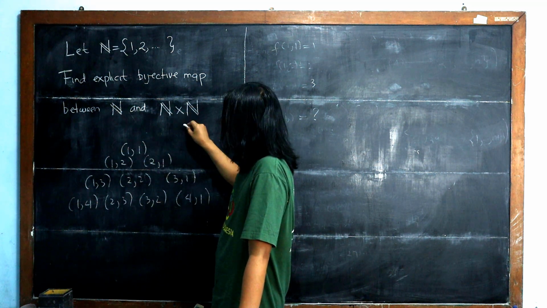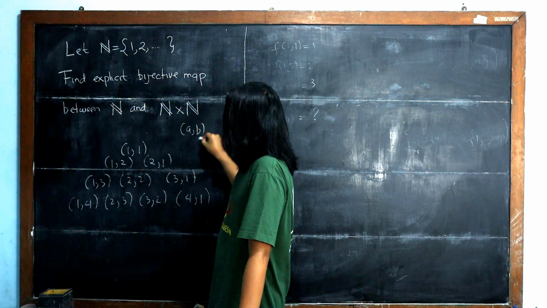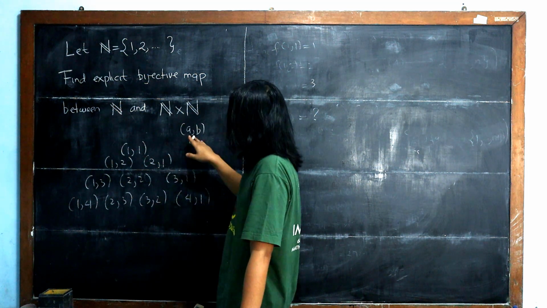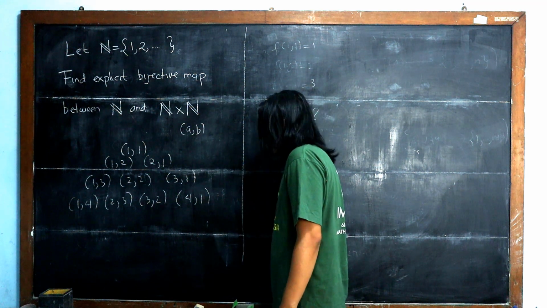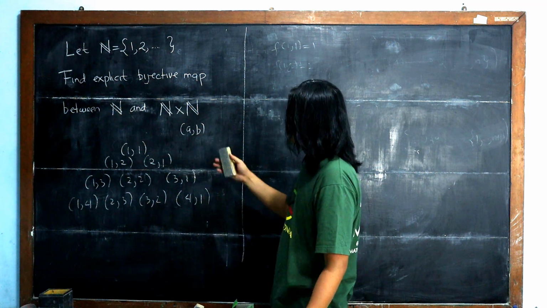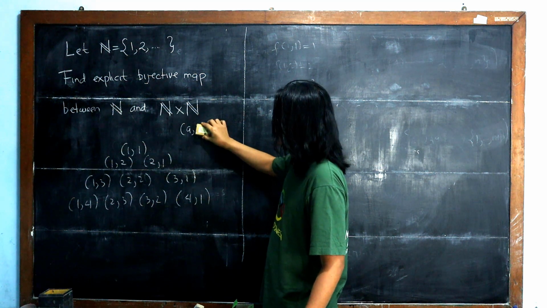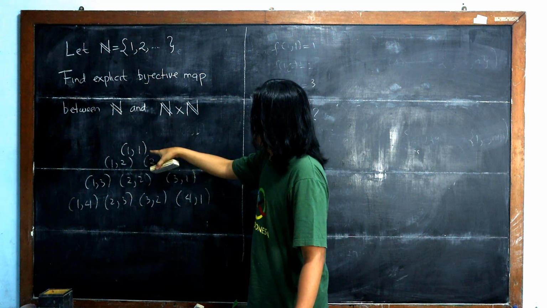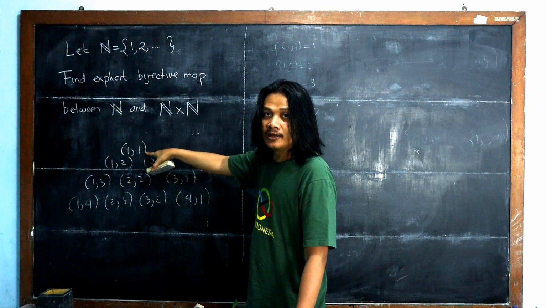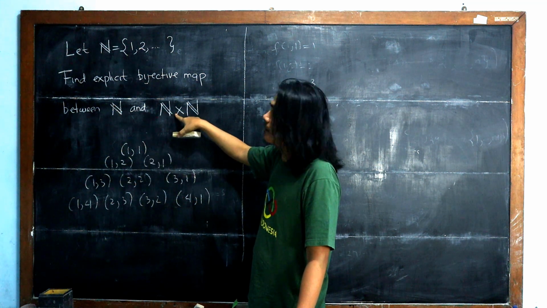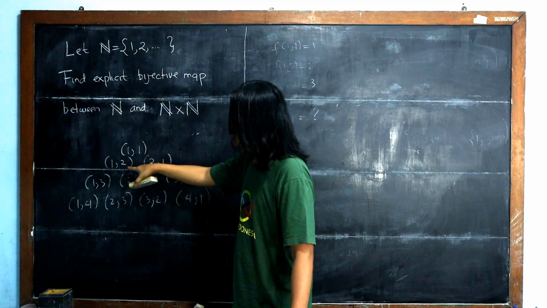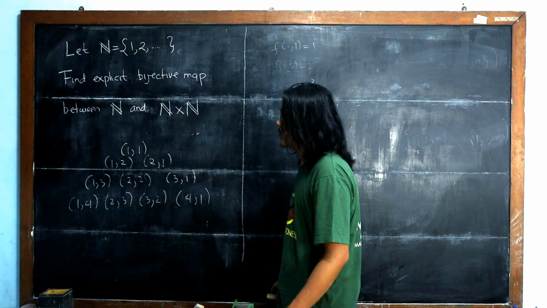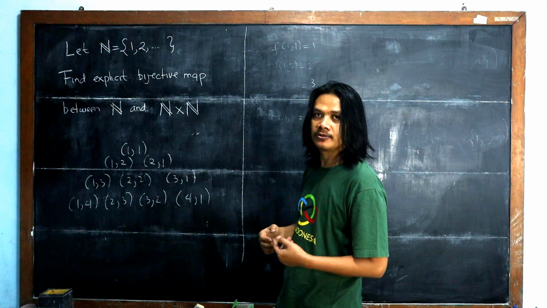So if you look at an element of the form (a, b), we look at the sum a plus b. The sum can be any number starting from 2, right? So this element is the only member of N cross N whose sum is equal to 2. And these two are the only two elements whose sum is equal to 3.